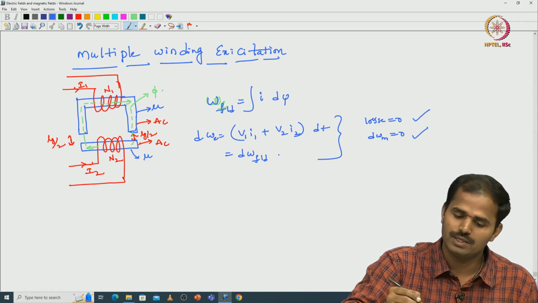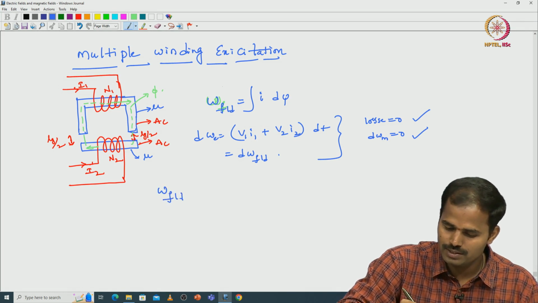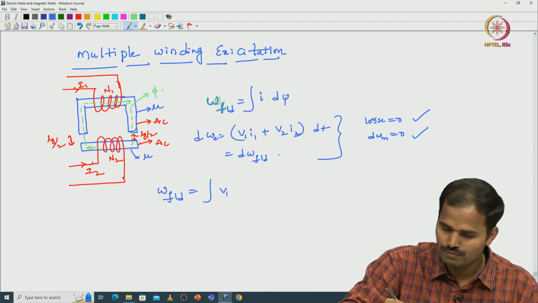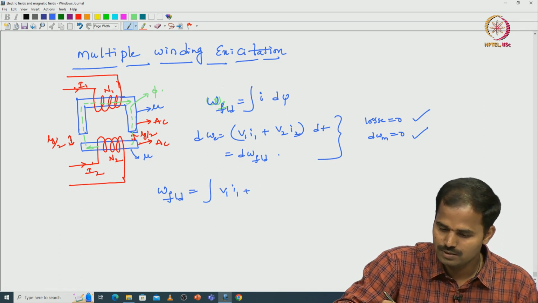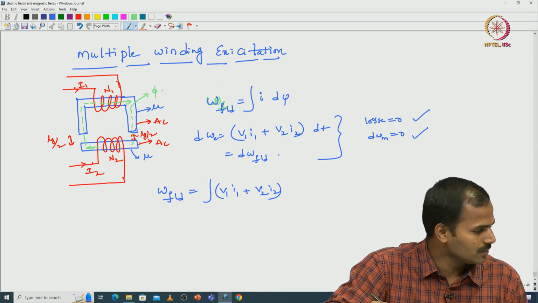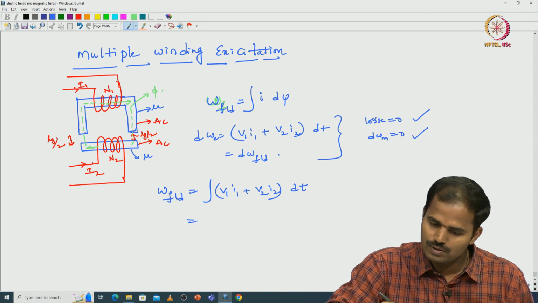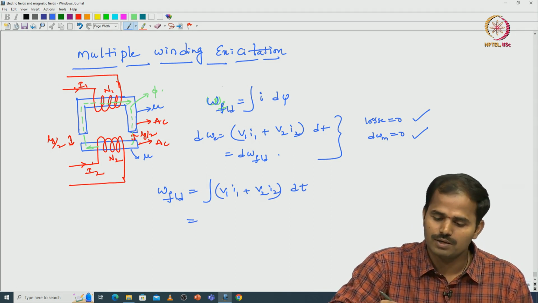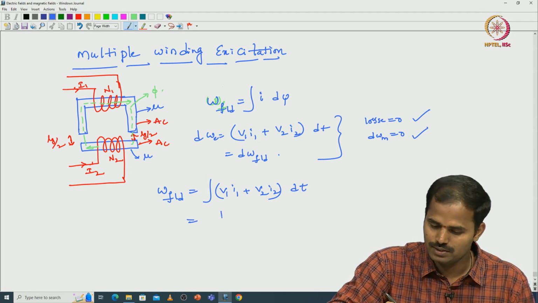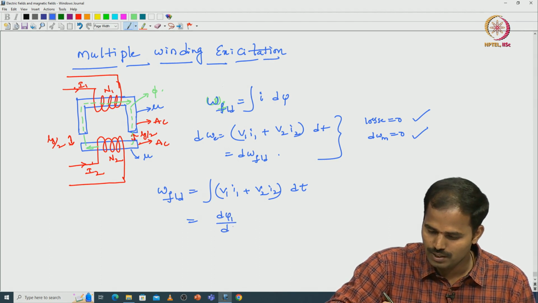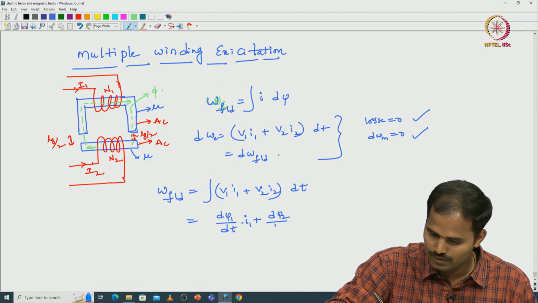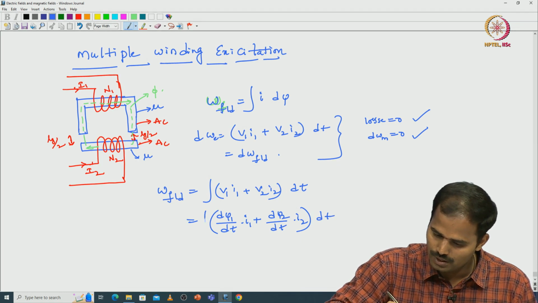So if I bring this equation here, the field energy is equal to the integral of V1 I1 plus V2 I2 into dt. Here V is nothing but the rate of change of flux linkages, d psi 1 by dt into I1 plus d psi 2 divided by dt into I2, into dt integration.